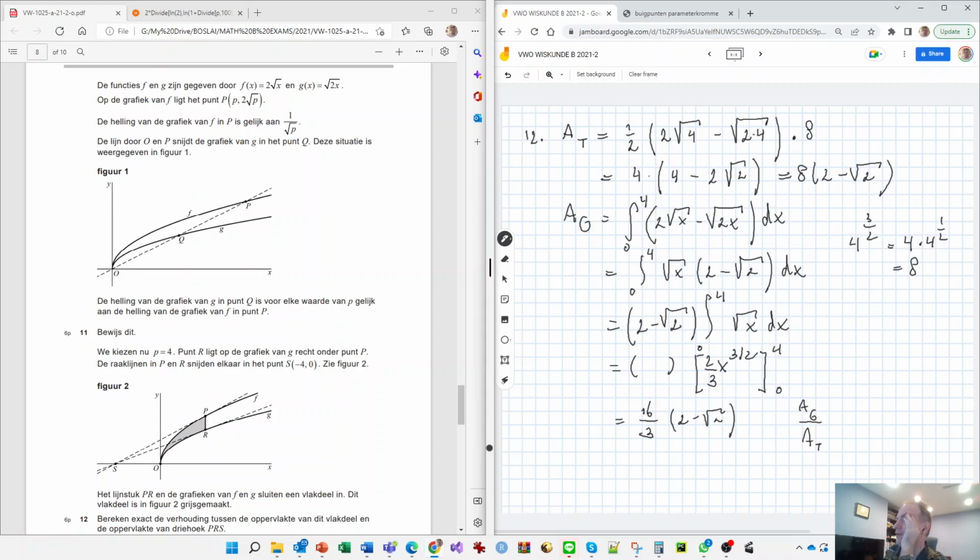So then the term with the square root drops. It's 16 over 3 divided by 8. It's 2 over 3.